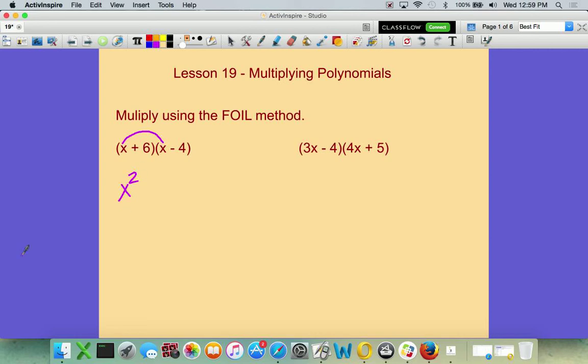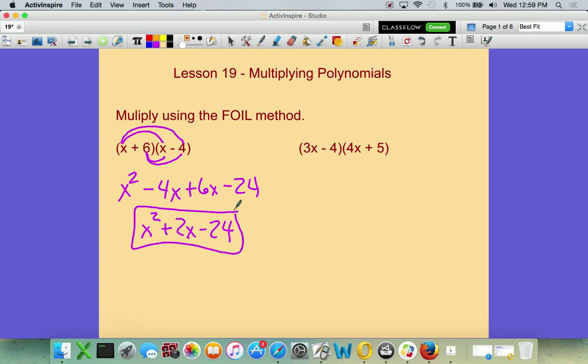So that gives us an x squared. And then the outers, so we've got a negative 4x, the inners, and the lasts. From there, we just combine like terms and write down our final answer. And there it is.